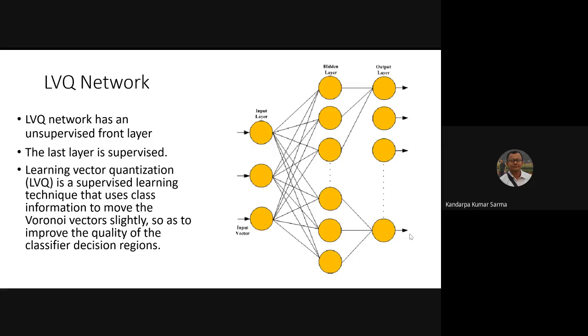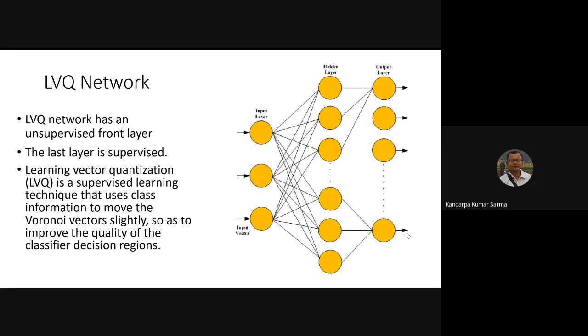Learning vector quantization is a supervised learning technique that uses class label data to move the Voronoi vectors slightly so as to improve the quality of the classifier decision region. So you get a better classification decision due to the supervised learning used at the last layer of the learning vector quantization network.